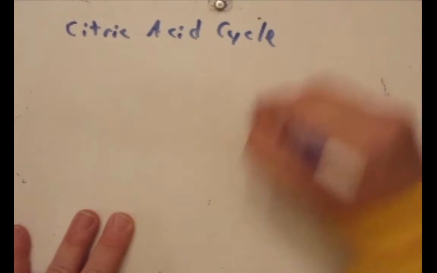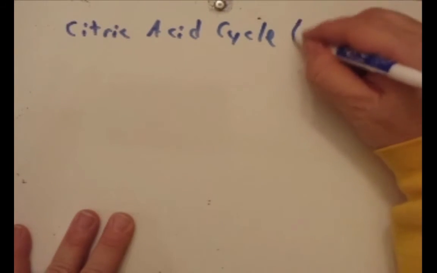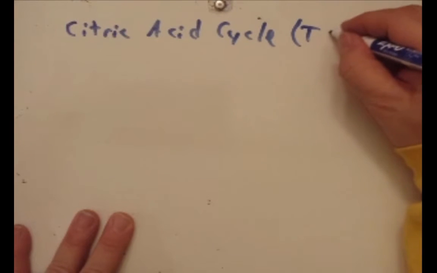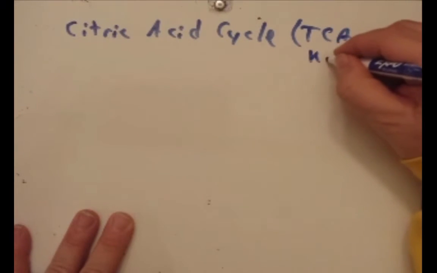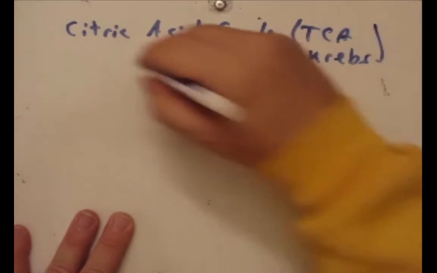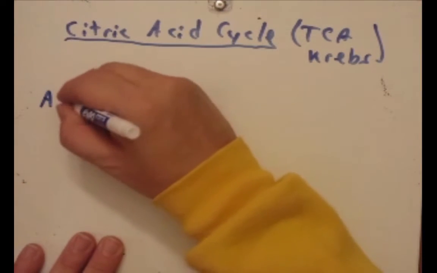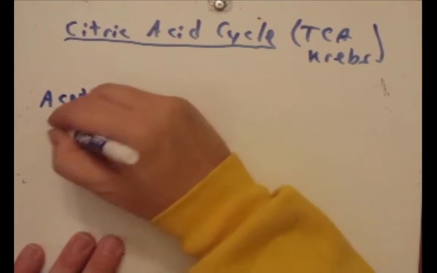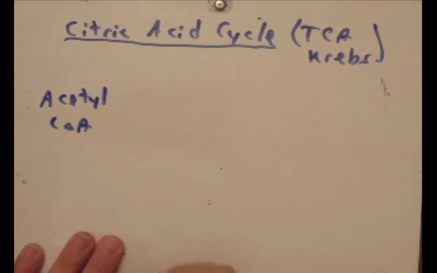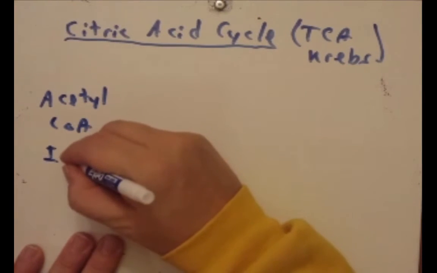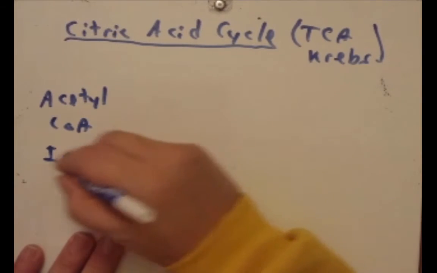This is what we're going to call it for our course. You may have heard it called the TCA cycle or the Krebs cycle, but the better term for it is citric acid cycle. Acetyl-CoA, this is our input. This is what gets put into this cycle.